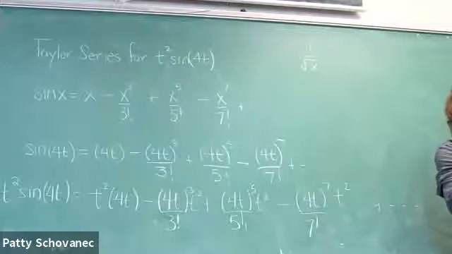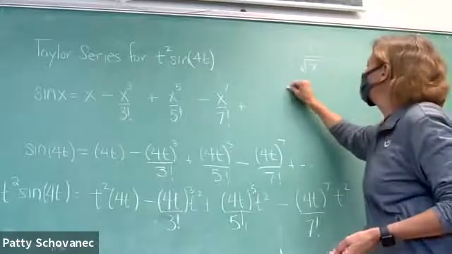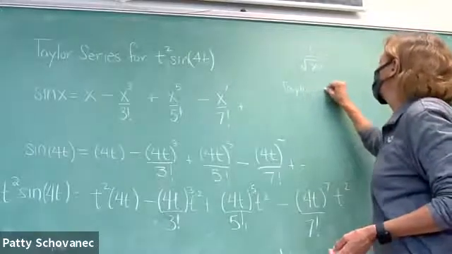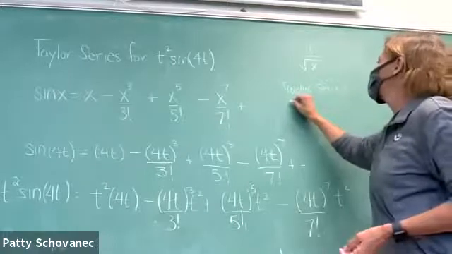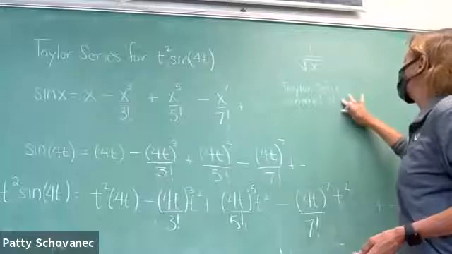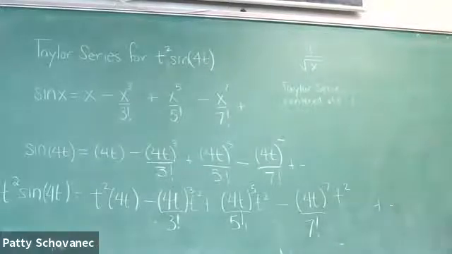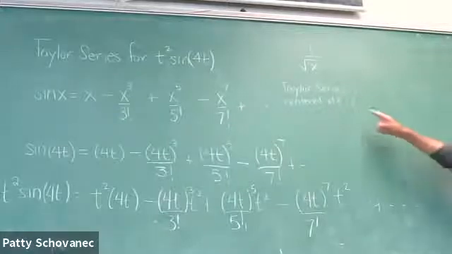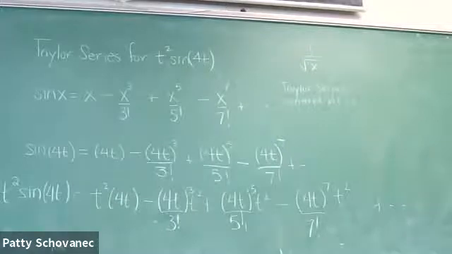But let's see if we can make a Taylor series for this one centered at x equals 1, or c equals 1. Did we do that one in class last time? Now, we don't have a formula for this one. So we actually have to take derivatives of it and then evaluate them when c is 1. So let's write out, say, the first 5 terms of this Taylor series.